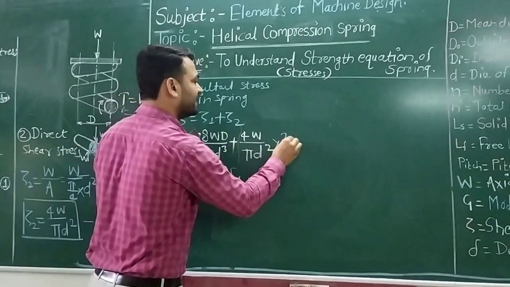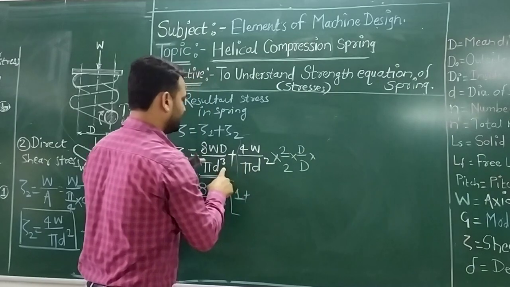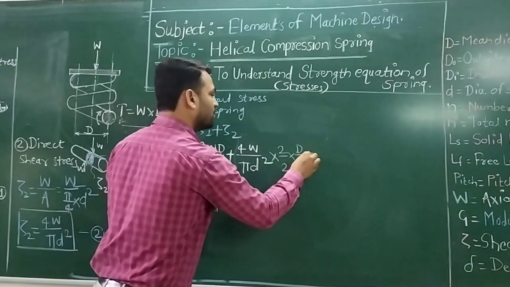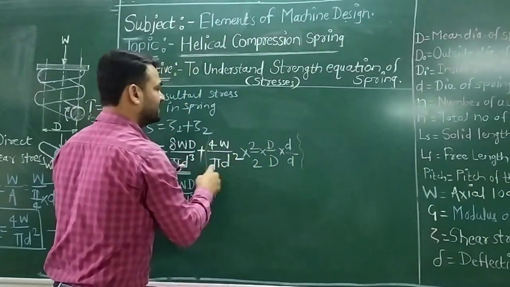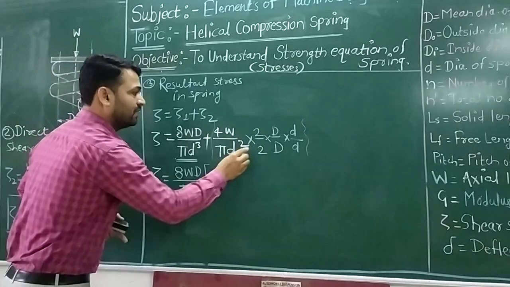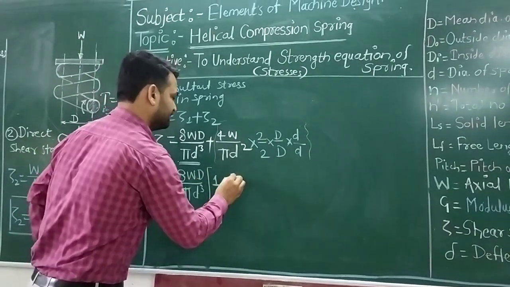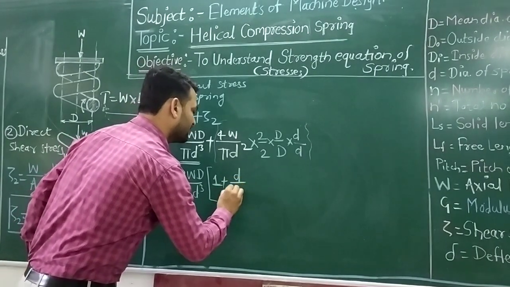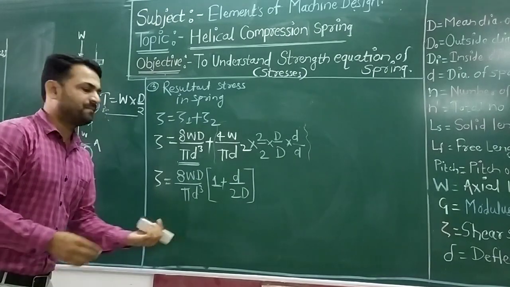Here capital D is not there, so multiply and divide by capital D. Again, here is the d cube, here is the d square, so multiply and divide by small d. So this term will be like this. Okay. So here what will remain inside? 1 plus d upon twice of d will remain inside the bracket.